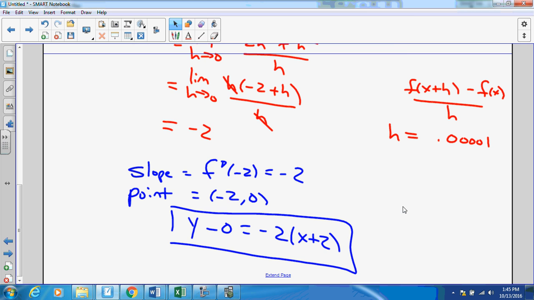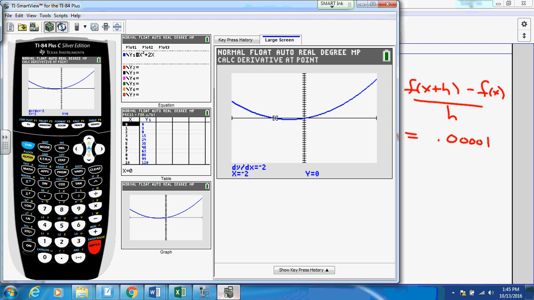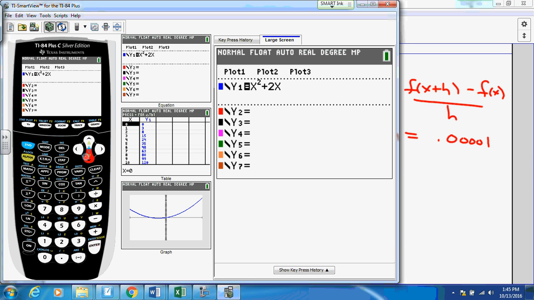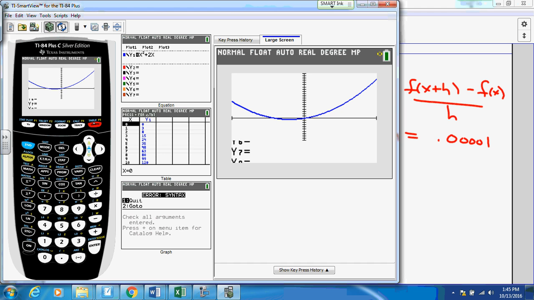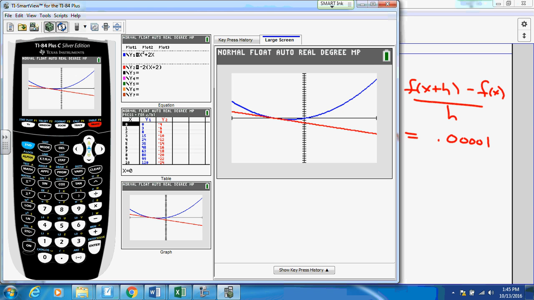And if I now enter the equation for my tangent line as y2, and graph it, then that tangent line comes in right there, and you can see it's a nice tangent line. So this gives us a very satisfying way of checking our work. Okay?